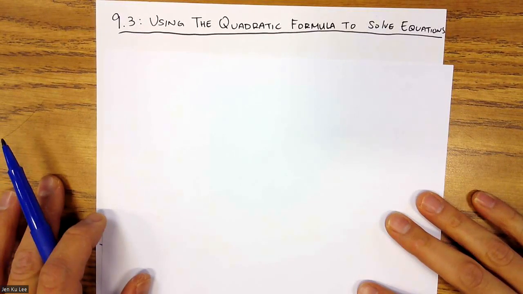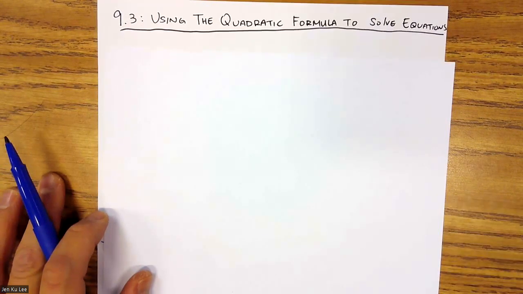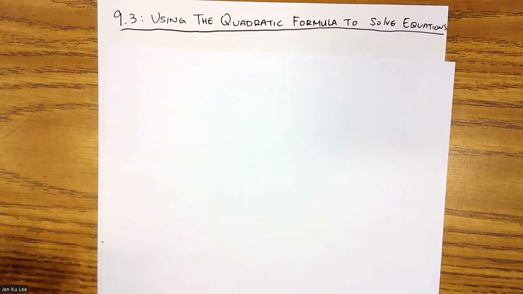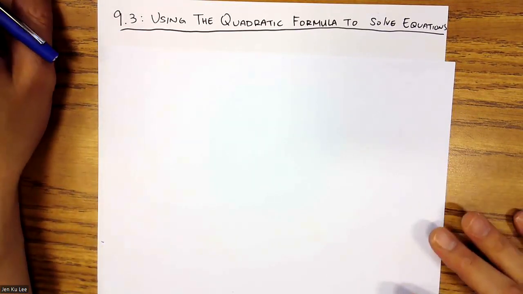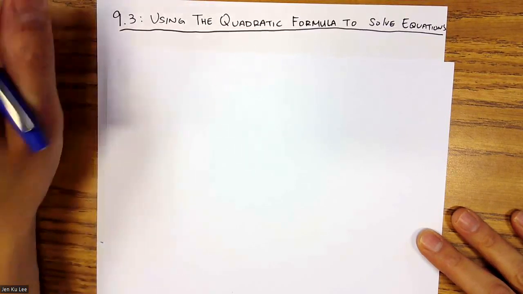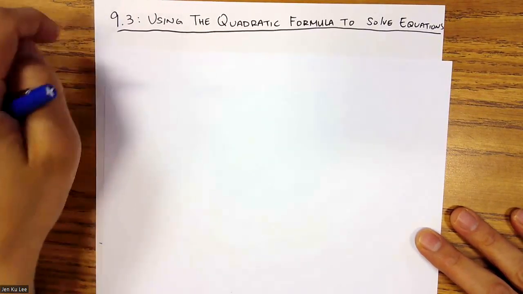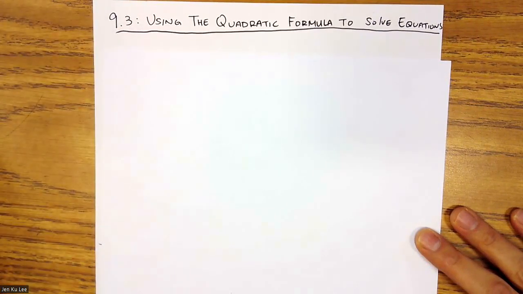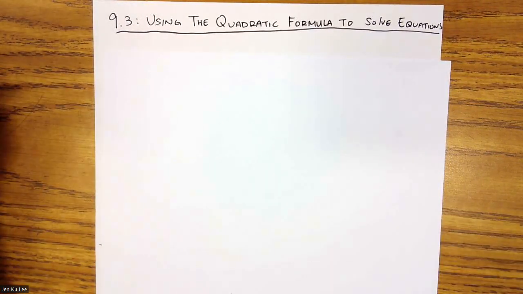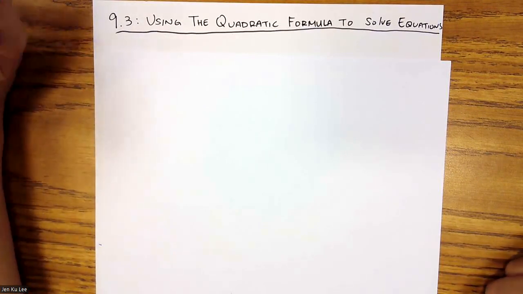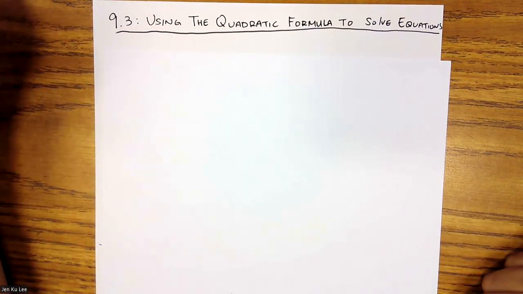If you come across something that's unfactorable, something that's not factorable, then we're going to use the quadratic formula. So there's essentially only two ways to solve equations. One is factoring, which we outlined, using the special forms, along with this way, the quadratic formula.